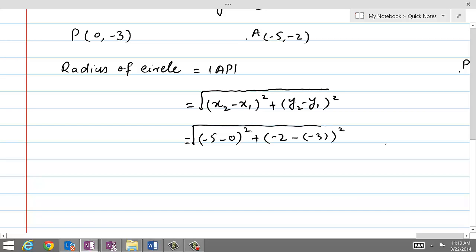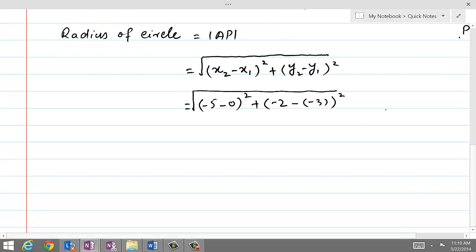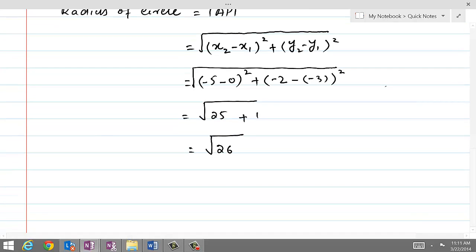This will be equal to 25 plus, minus 2 plus 3 will be equal to 1, and this will give us 1, and here we have the radius is equal to square root of 26. So we have answered question 1.